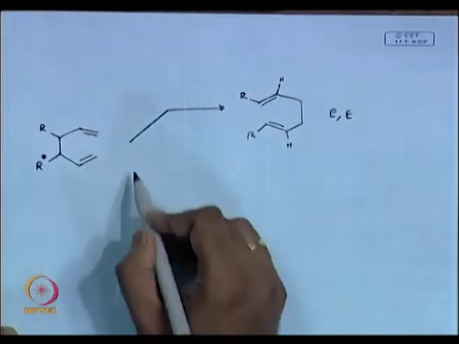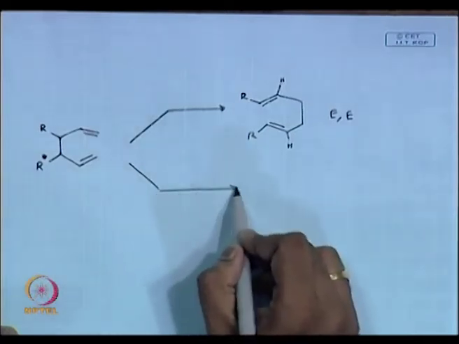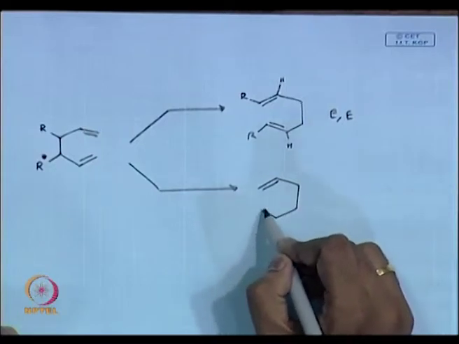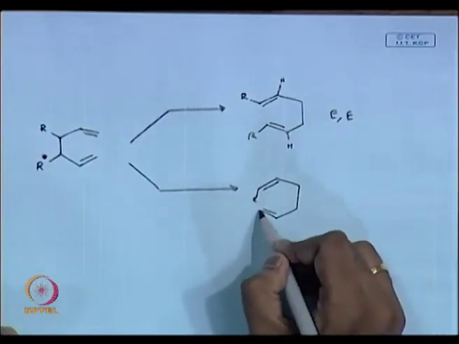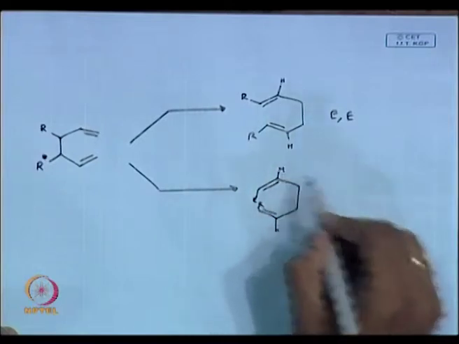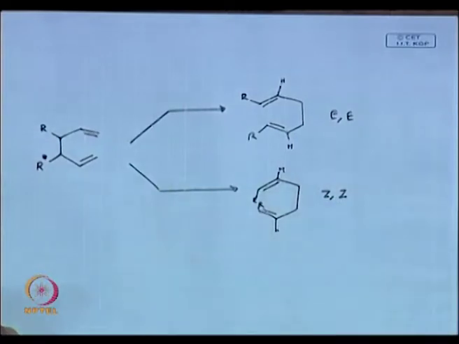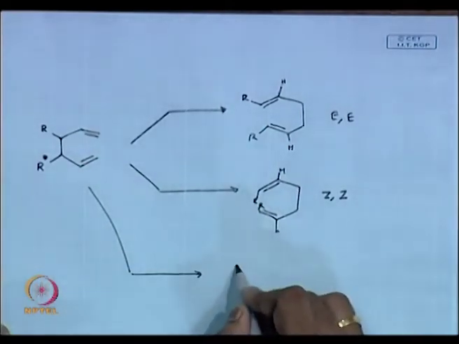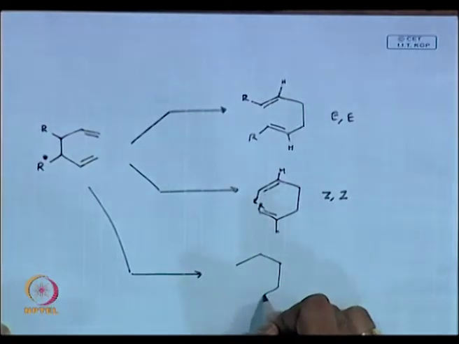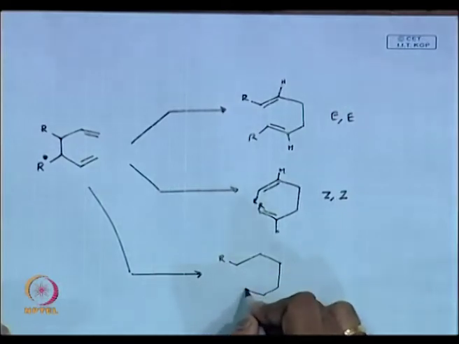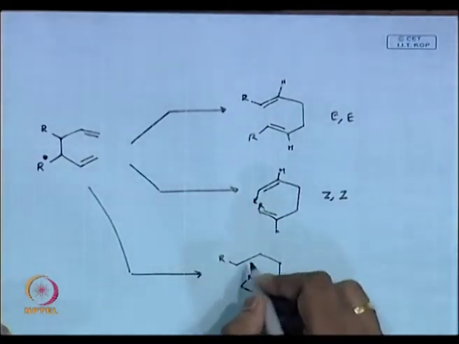Right. I can think about then where R is inside and H, right, Z and Z, with R inside. Another case I can think about, R outside and one R inside.